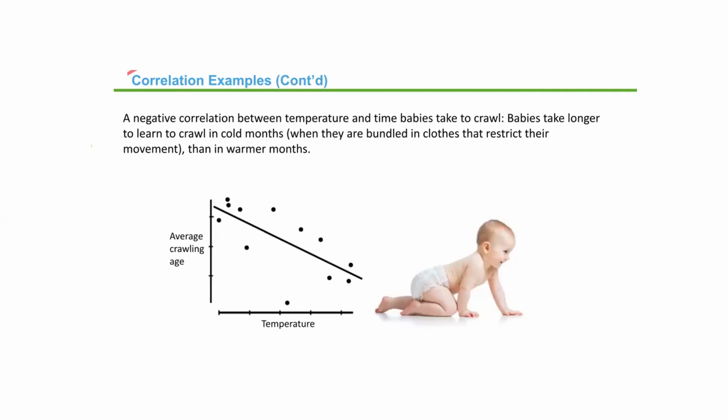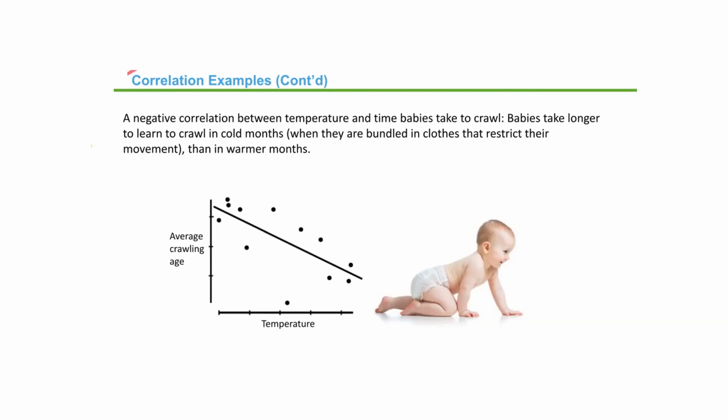Another quick example is a negative correlation between the temperature and the time babies take to crawl. In other words, when the temperature is hot or warm, when the temperature is high, babies take less time to crawl. When the temperature is low, it is cold. Generally, mothers wrap up their babies in hot clothing, and it is not easy for them to crawl and walk around and things like that.